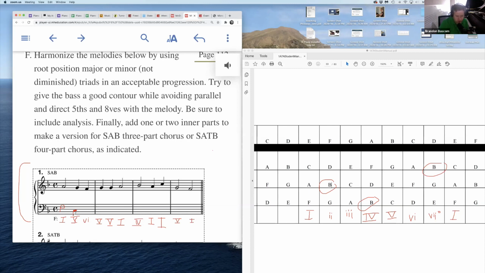What's my 6th chord? 6th chord is D. Five chord is C. One chord is F. 4 chord is B flat.